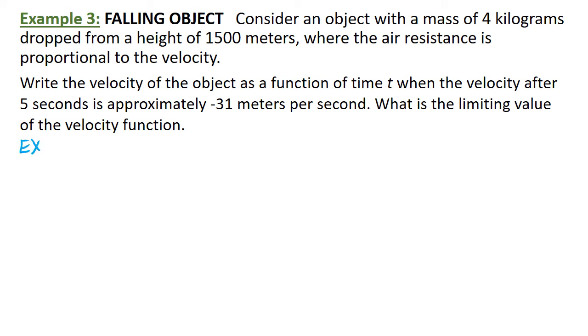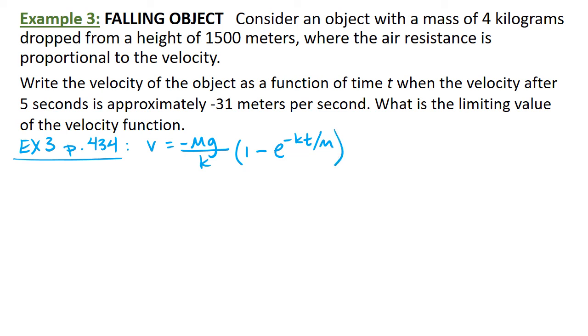Now here I want to mention an example in the text. From example 3 in the text on page 434, that gives us some information about falling objects. That tells us that the velocity, or v, is equal to the following: negative m times g over k times 1 minus e to the negative kt over m.